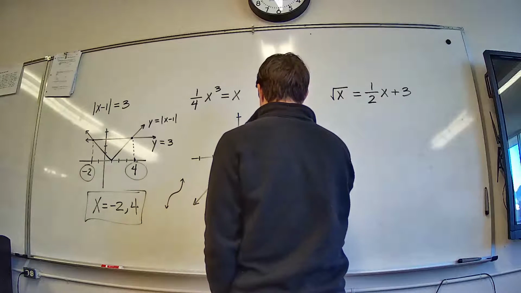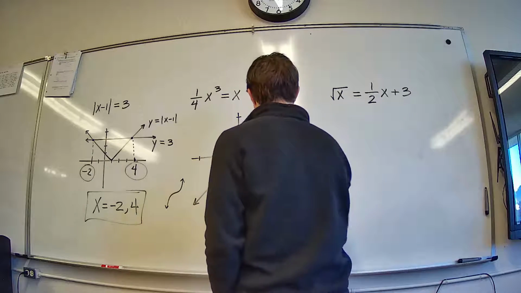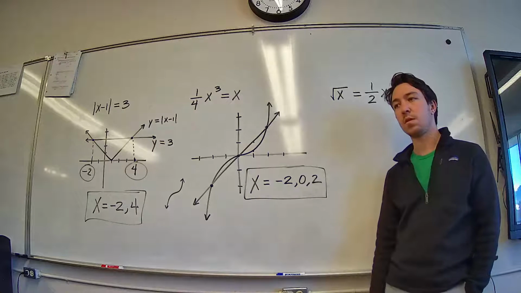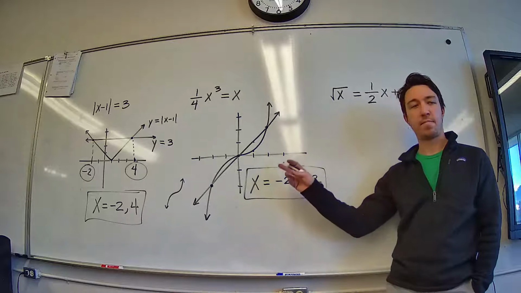So x equals -2, x equals 0, and x equals 2. You feel okay about that?